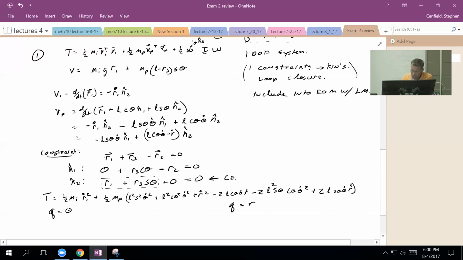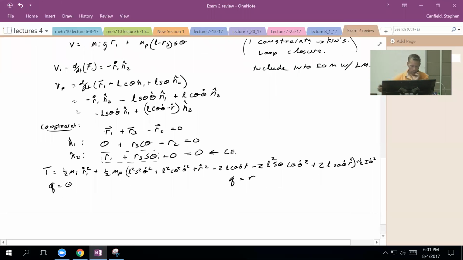Whew. Okay, and then finally plus 1/2 I theta dot squared. Those are my three terms. All right, now I'm ready to proceed.